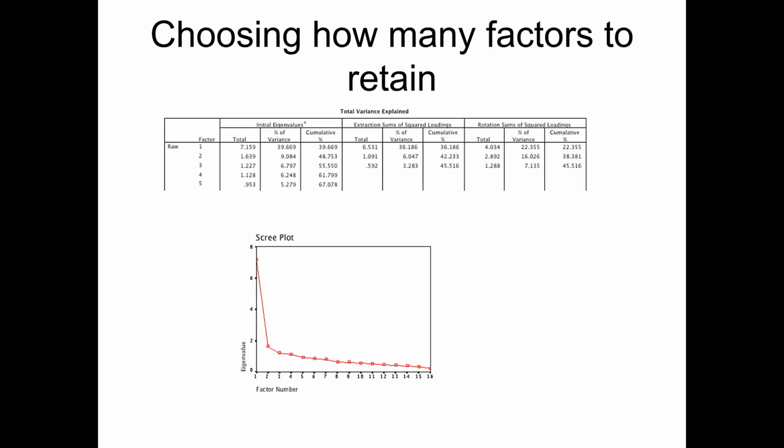For our example here, I have a different scree plot. If the rocks are falling off the mountain, they're all going to land right in this area down here. So we would probably take either 3 factors or 4 factors based on the scree plot.